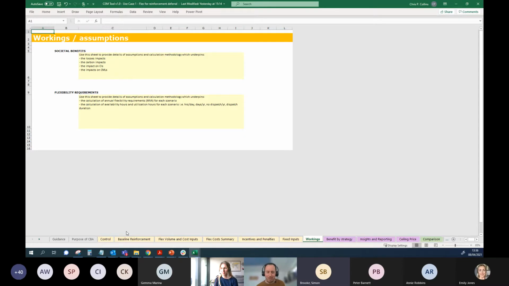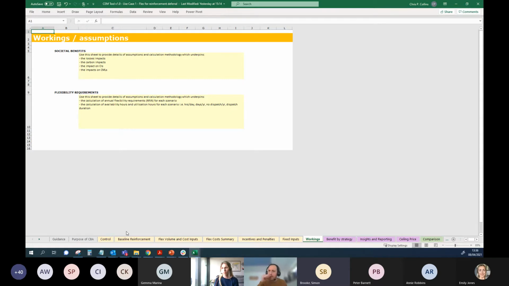I'm not quite sure what the acronym is. I think it's social return on investment. So does the tool bring in any social return on investment, for example, where energy efficiency is a clear option? Or is it one for the DNOs?